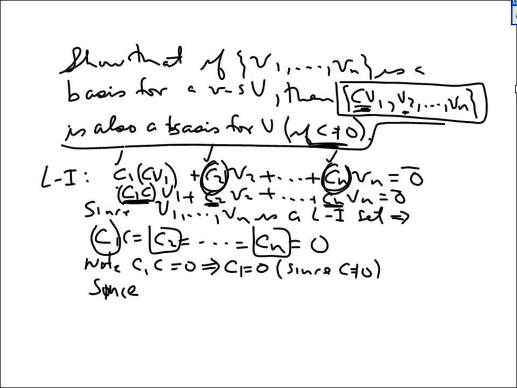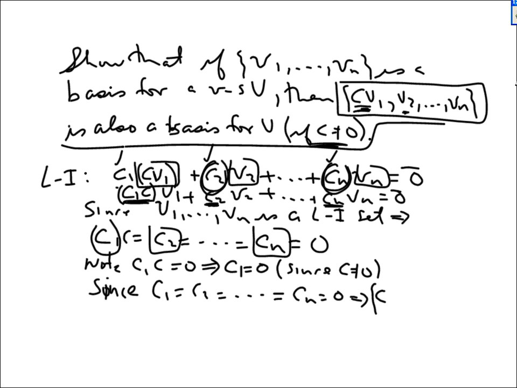Since C1 equals C2 equals Cn is 0, that implies that the set of this vector with this vector all the way up to that vector is linearly independent.